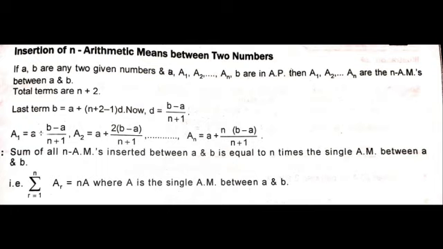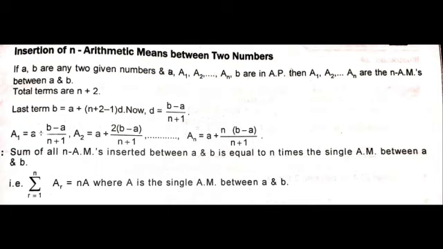In the same way, the second arithmetic mean can be calculated as A plus 2 into D, that is A plus 2 times (B minus A) divided by (n plus 1), as it is explained here. In the same way, the nth arithmetic mean can be calculated as A plus n into (B minus A) divided by (n plus 1).